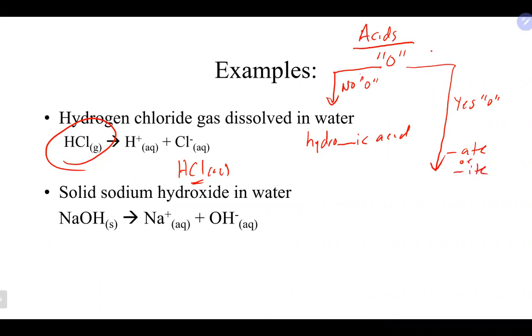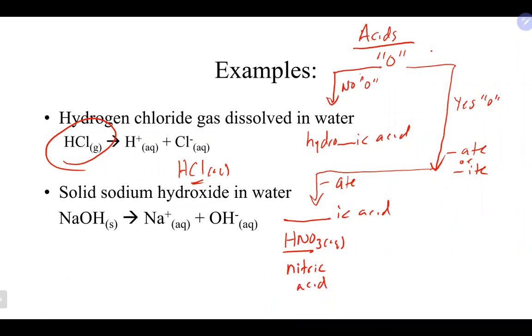And if the polyatomic ion ends in ate, the acid is something-ic acid, like HNO3 here. And that is nitrate, which means this will become nitric acid, right? So again, that is the proper way of naming that.